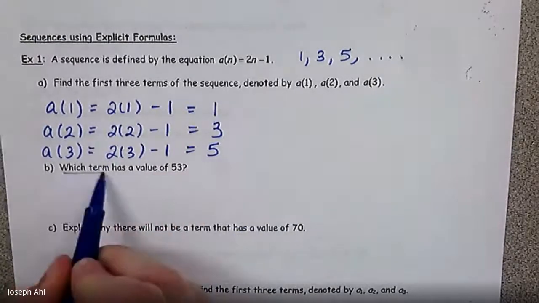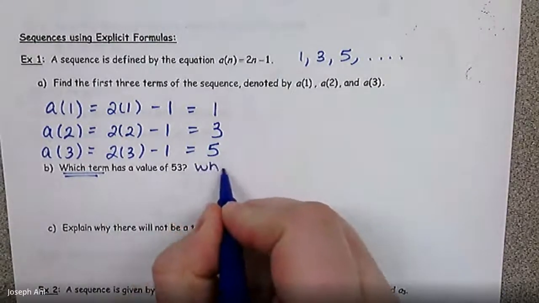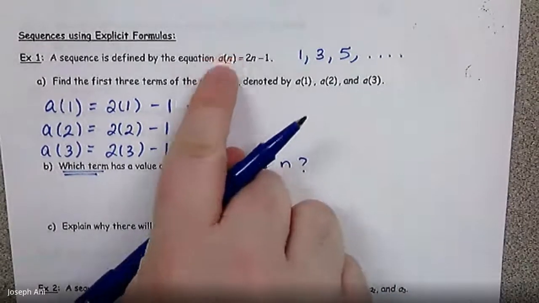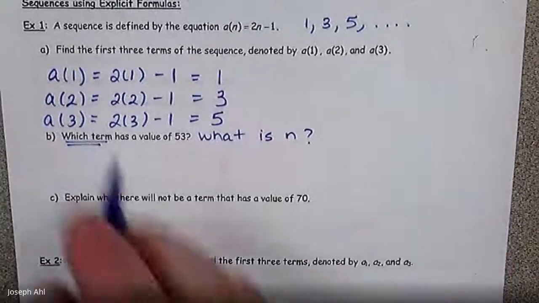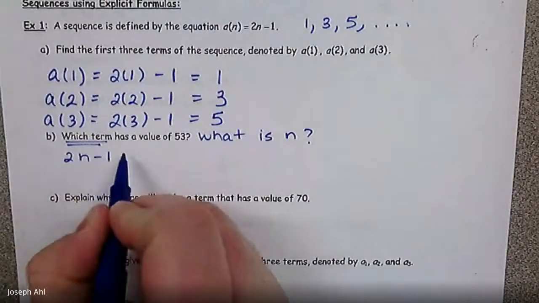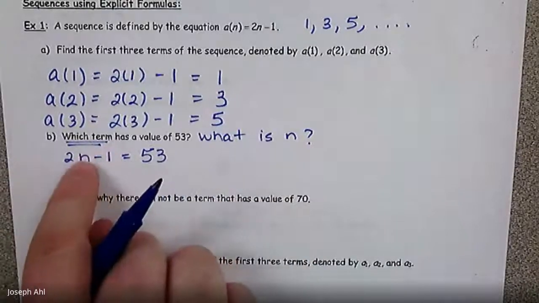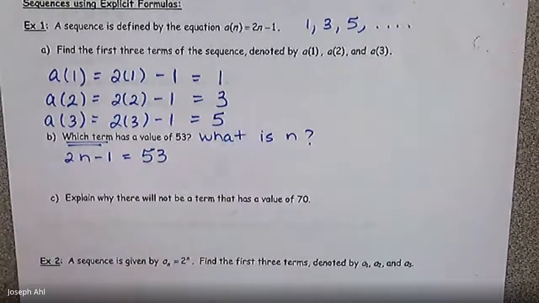So when I ask you in part B which term has that value, the term is the value of n. So that's really what I'm looking for. What is n when the term value right here is 53? So we can quickly figure that out for part B by setting 2n minus 1, the sequence definition, equal to 53. So what would I plug in for n here such that the value of the sequence, that number in the list, is 53?